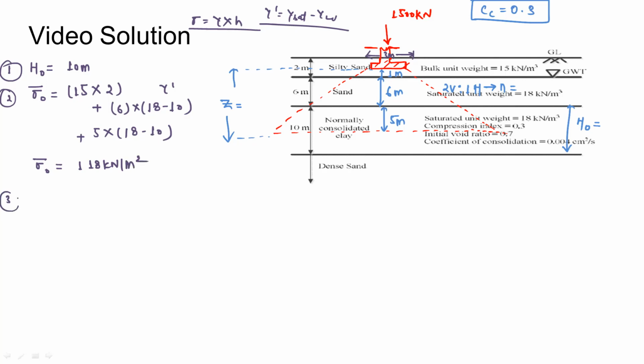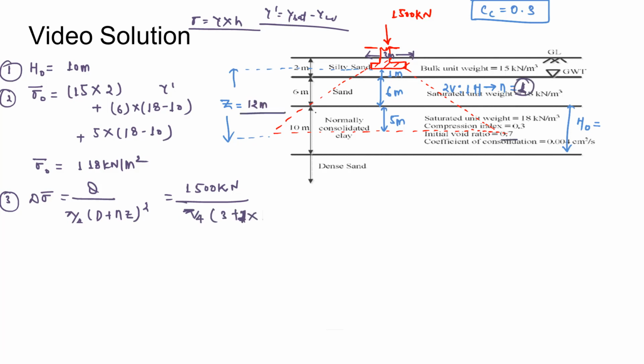Now in the third step, we have to calculate the increase in effective stress after the application of load at the center of the clay layer, and for this we have the formula Q upon pi by 4 (D plus nz) square. As you can see in the question, Q is 1500 kilonewton, and pi by 4 into the diameter given is 3, plus as the load dispersion pattern given in the question is 2 vertical 1 horizontal, n will be 1, so it will be 1 into z, where z is the total height below footing up to the center of the clay layer.